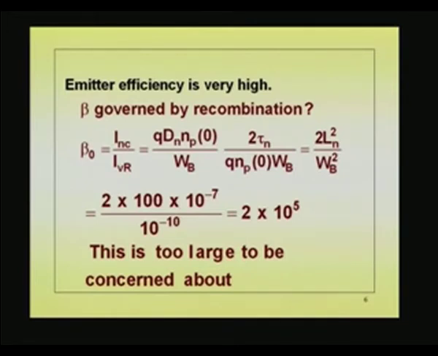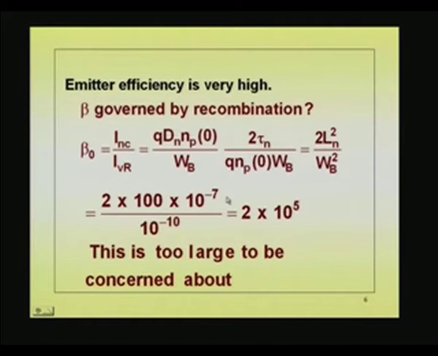Now, if you calculate the beta due to the volume recombination, it is the electron current injected to the collector divided by the recombination current. The injected current is q Dn dn by dx, where dn by dx is Np0 by Wb, divided by the stored charge by lifetime, the recombination current. So, that is that quantity.